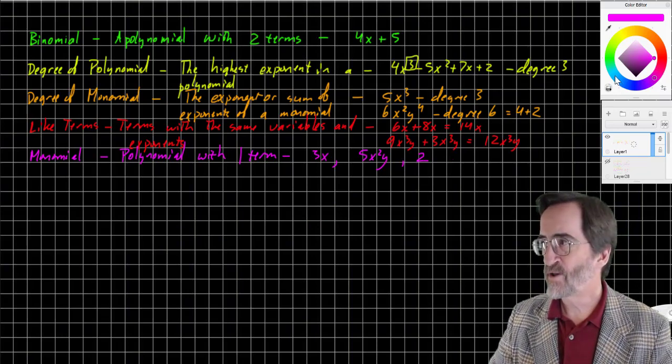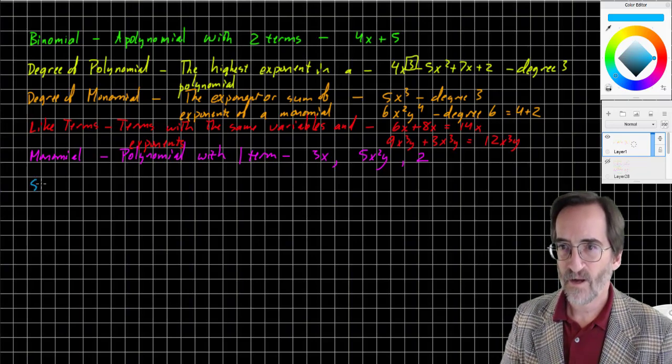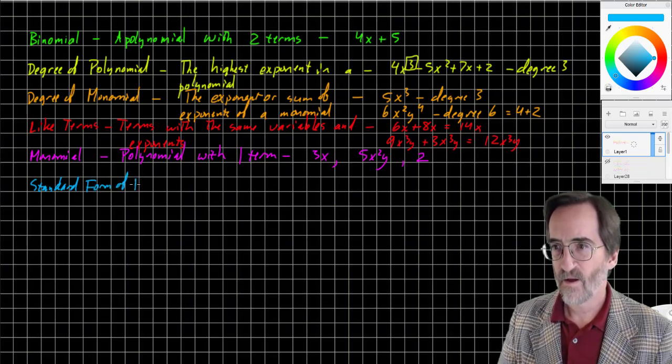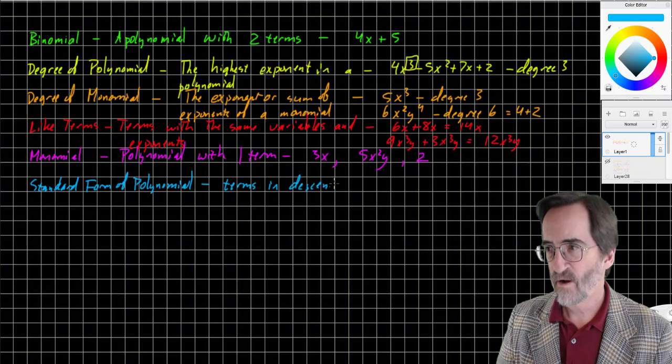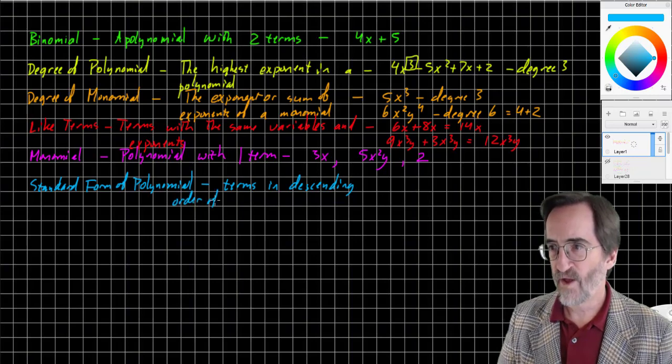Standard form of a polynomial: terms in descending order of exponents.